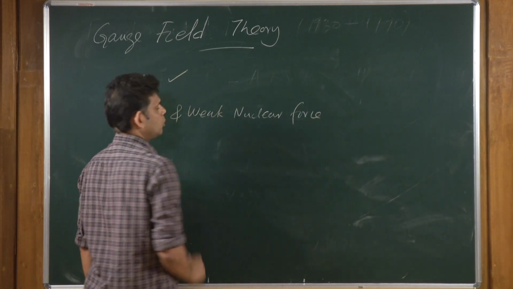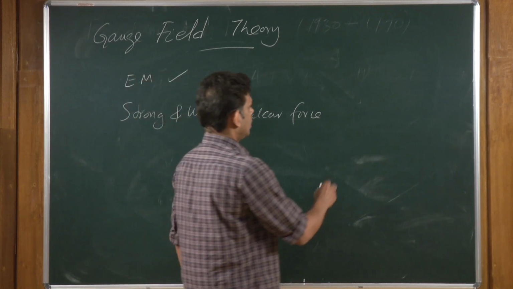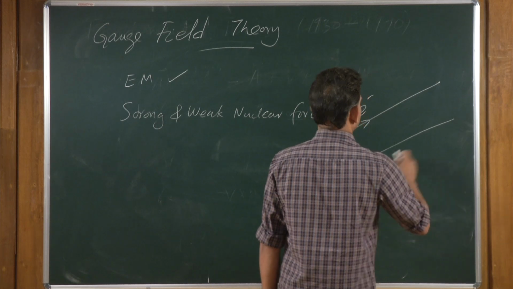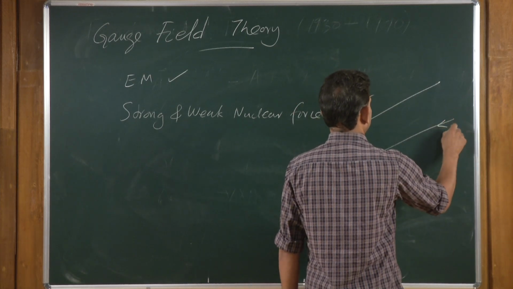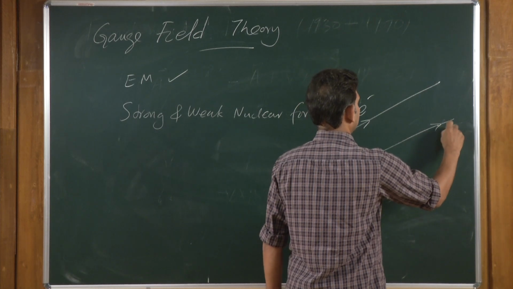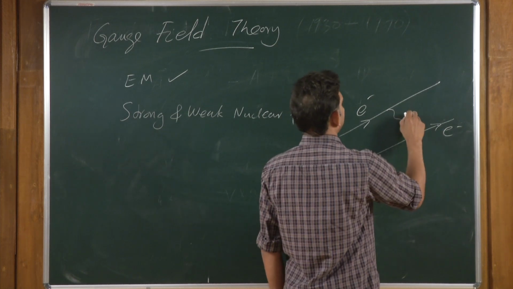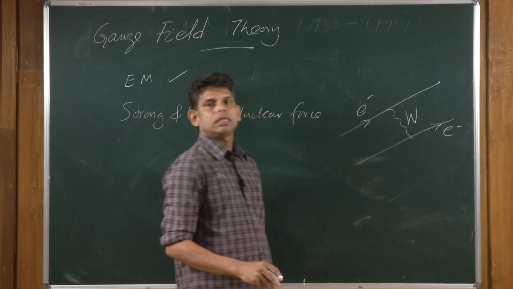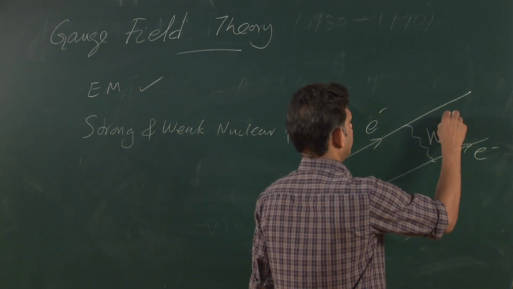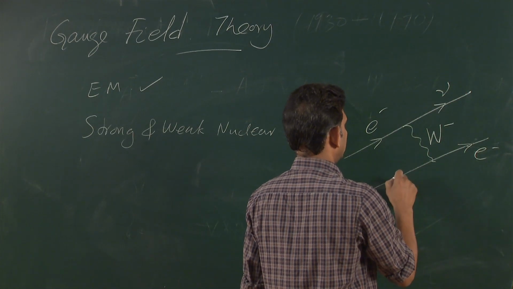These can also be understood as happening through the exchange of such particles. So, for example, electron and electron or positron can interact through the exchange of what is called a weak boson, which is similar to the photon. Some neutral particle will go, the details we will come to later.